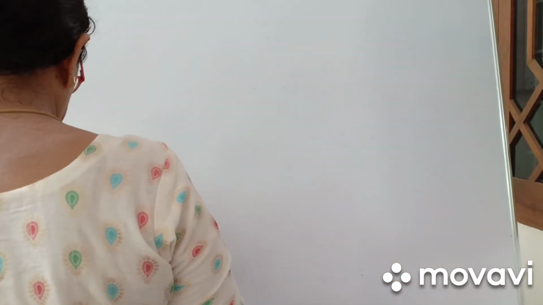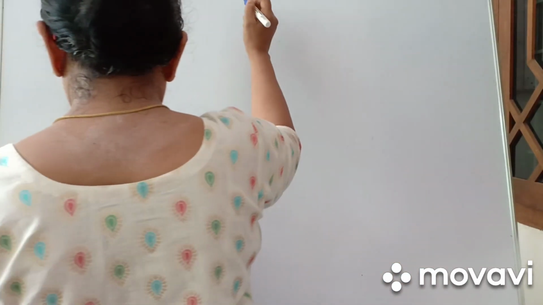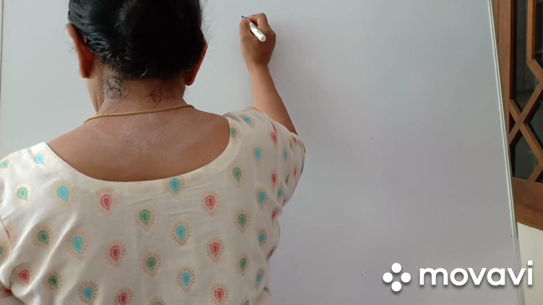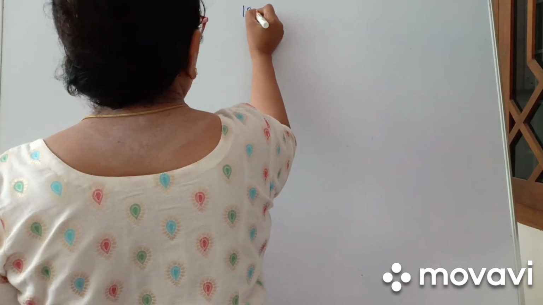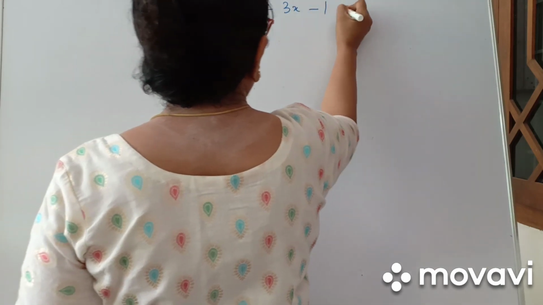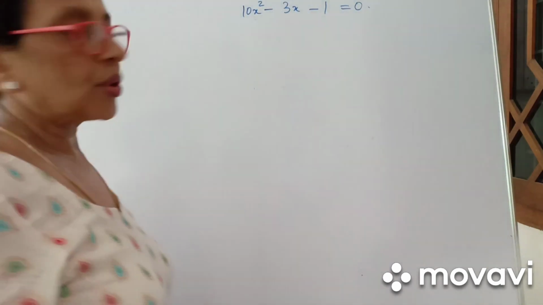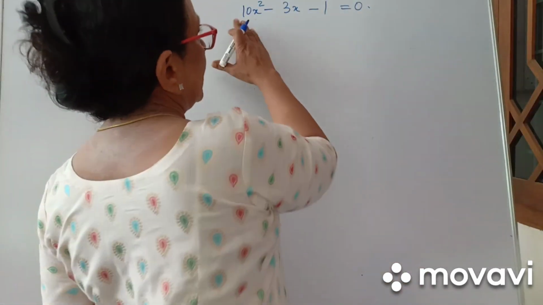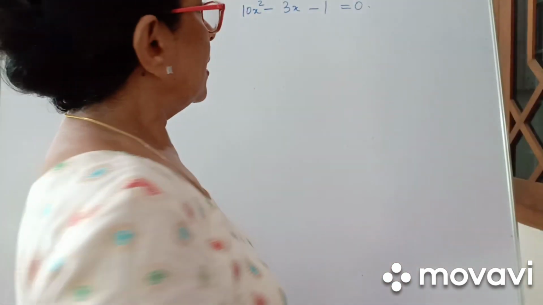Next problem is 10x squared minus 3x minus 1 equal to 0. Okay, 10x squared minus 3x minus 1 equal to 0. It is in the standard form.